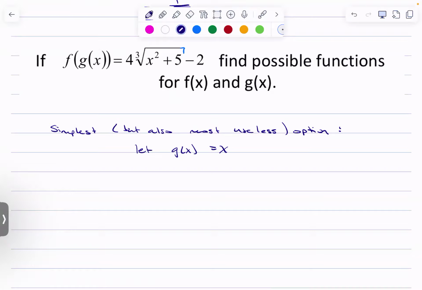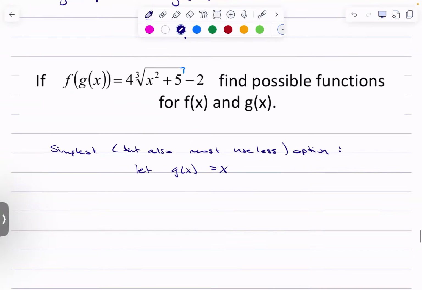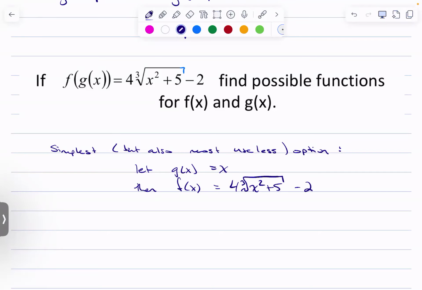If g of x is x, then what must f of x be? Then in that case, f of x must be 4 times the third root of x squared plus 5, then minus 2. Because g of x is going into f of x.